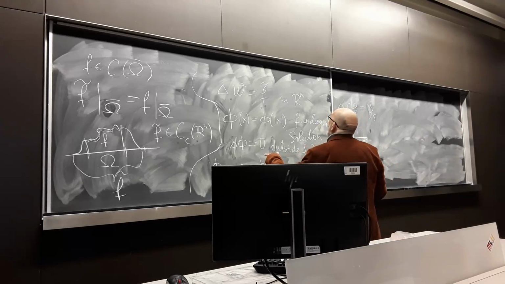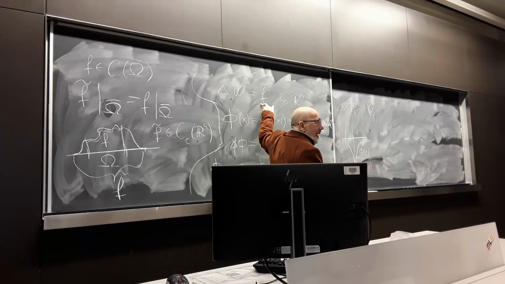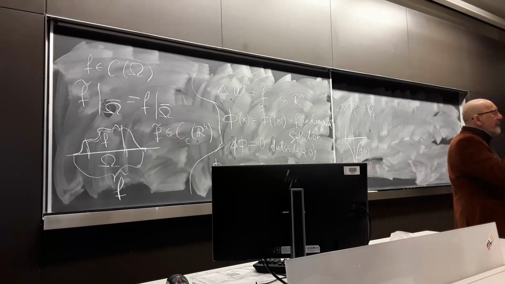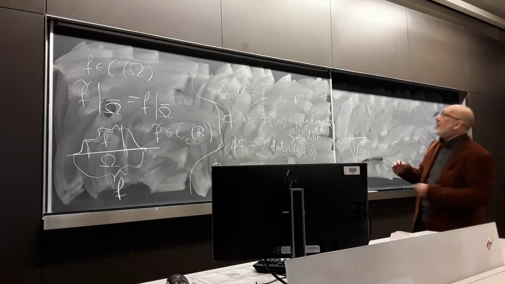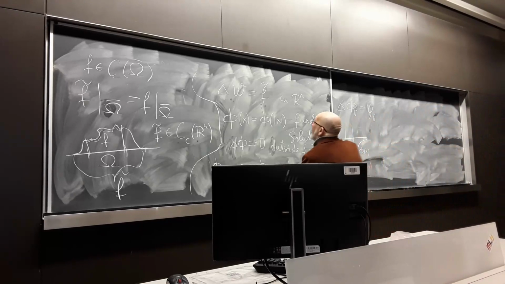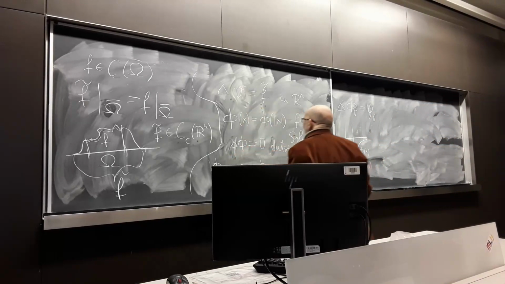Laplacian W is f tilde in the whole space. But inside omega, f tilde equals f. So it is v, I'm sorry. Laplacian v is f, right? Okay.